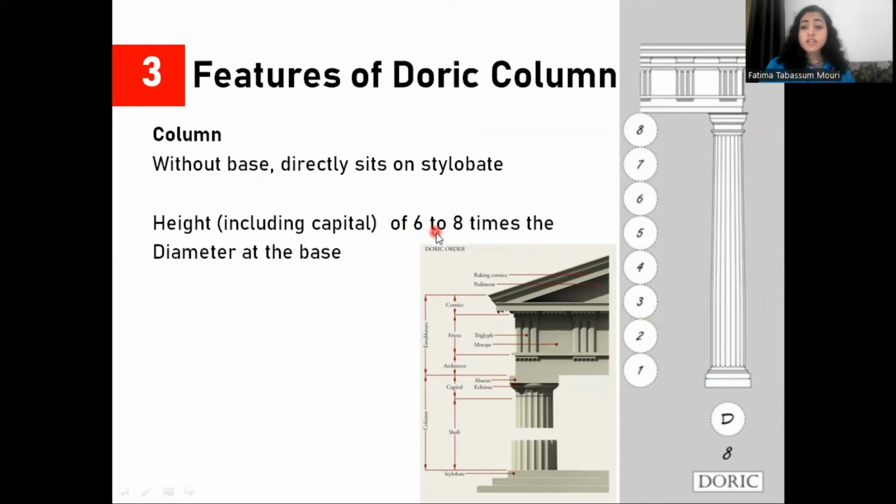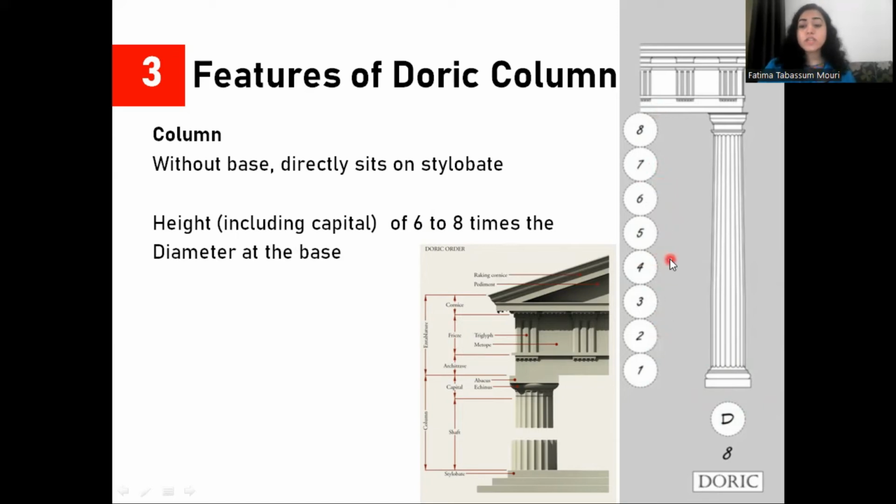The most significant feature is the height of the column, which is 6 to 8 times the column's lower diameter, which means if the lower diameter of the column is D, the height would be 6 to 8 times D. But in Ionic order, the ratio is higher. The ratio can go up to 10 to 12 times, which makes it much more slender.